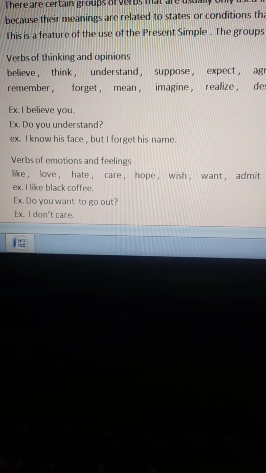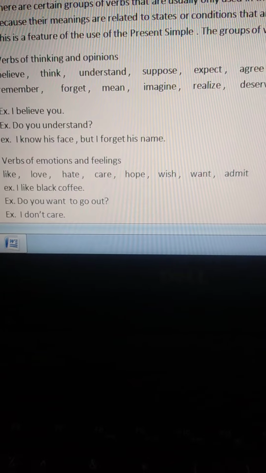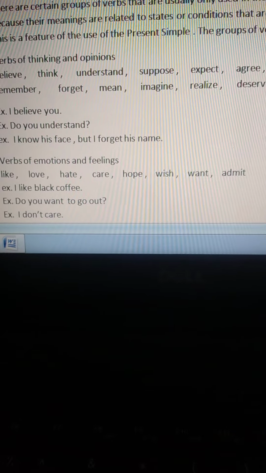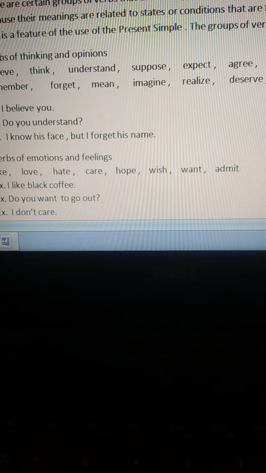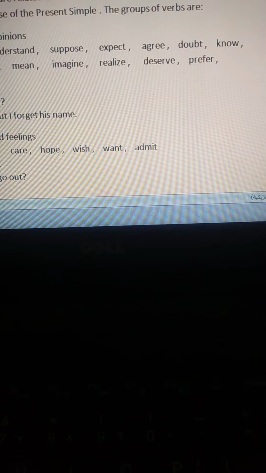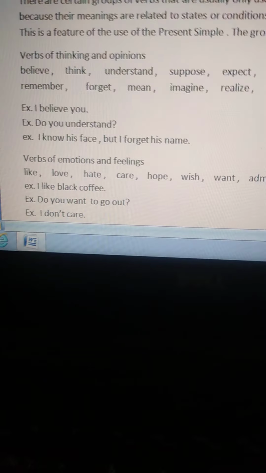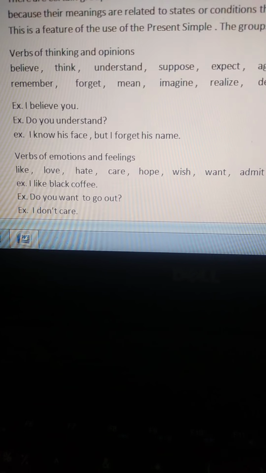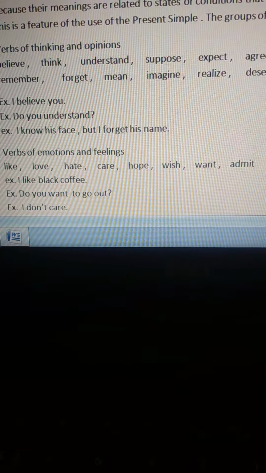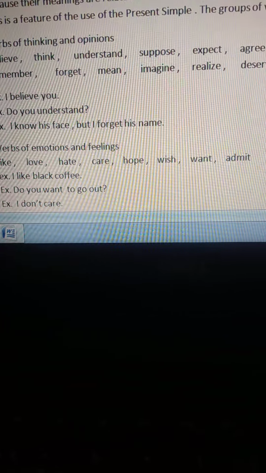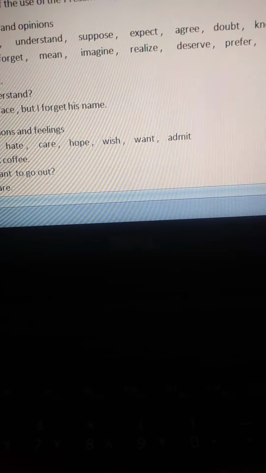Example: believe, think, understand, suppose, expect, agree, doubt, know, remember, forget, mean, imagine, realize, deserve, prefer.